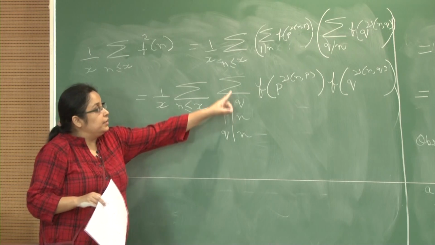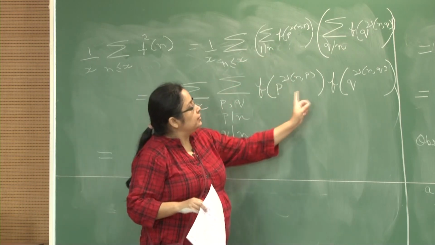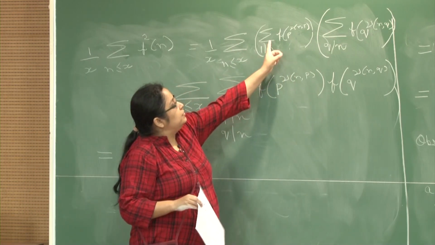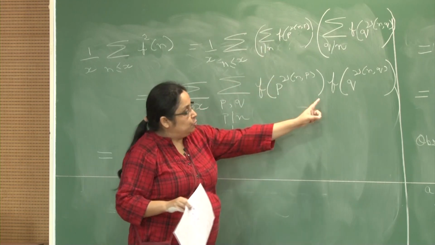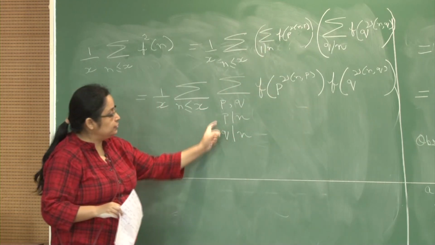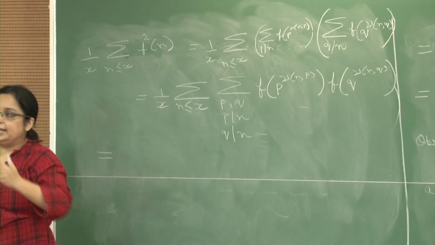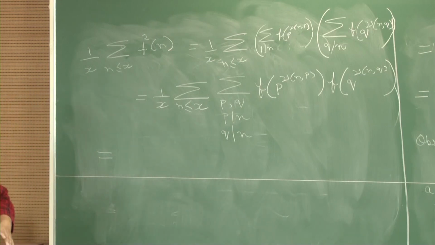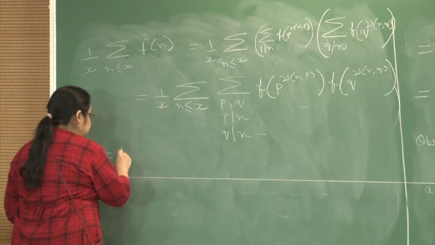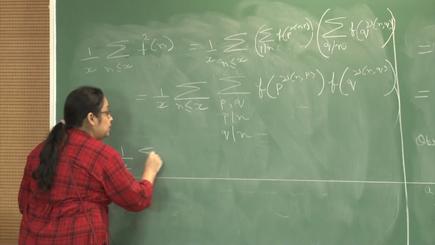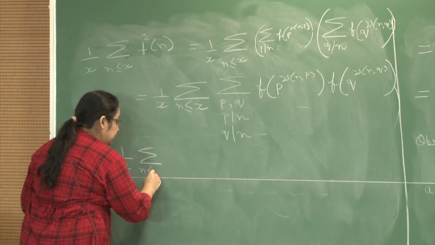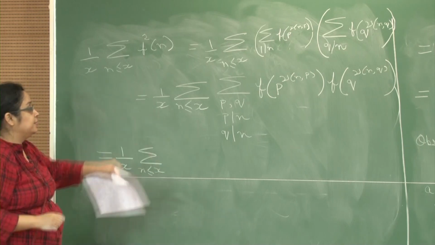First, when you take the sum, you could have primes which are equal to each other. So, take that case first when p is equal to q, and then take the case when p is not equal to q. Okay. So, 1 by x, n less than or equal to x.